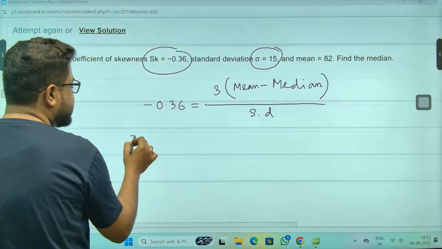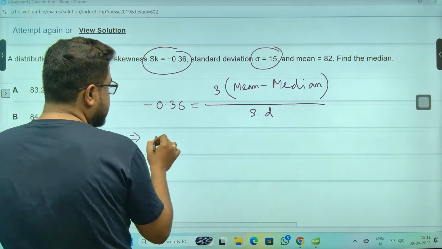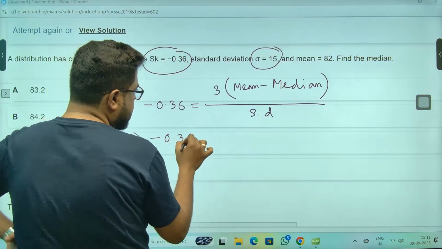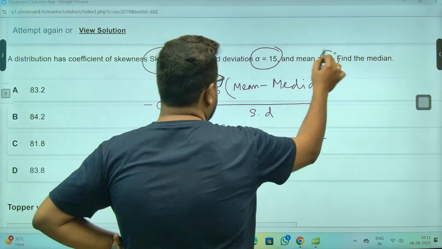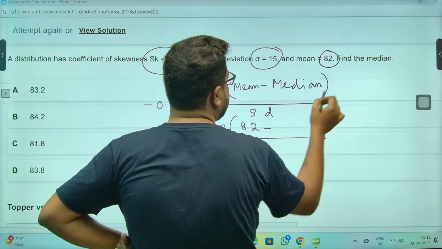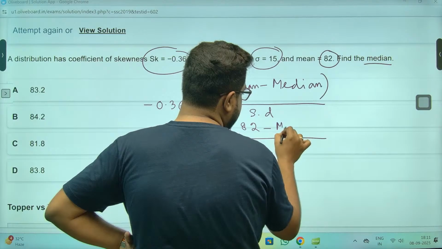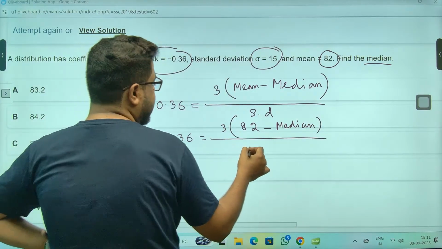Just put in the values. This is just to check whether you know this or not. Minus 0.36 equals 3 into mean minus median by SD. Mean is 82. Median I need to find. SD is given as 15.